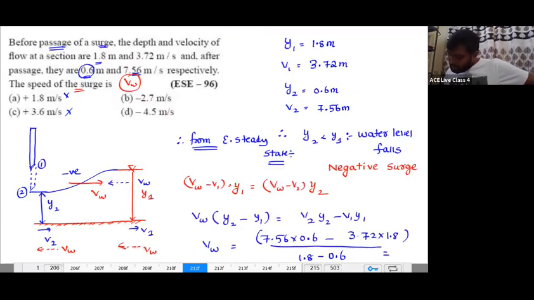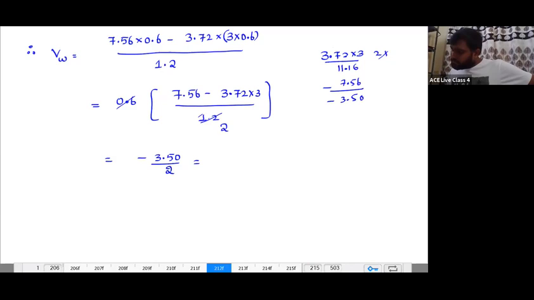What is the answer over here? Sorry, this is 6, right? This is 6. So minus 3.60.